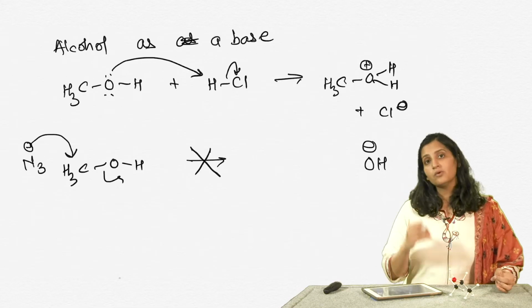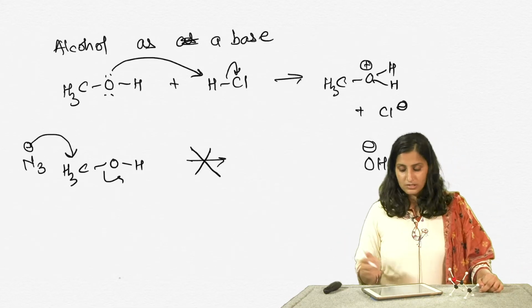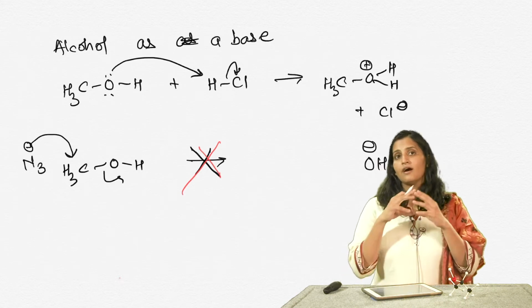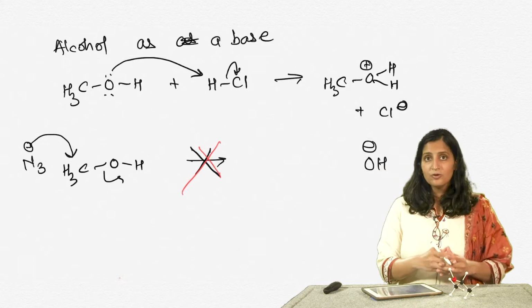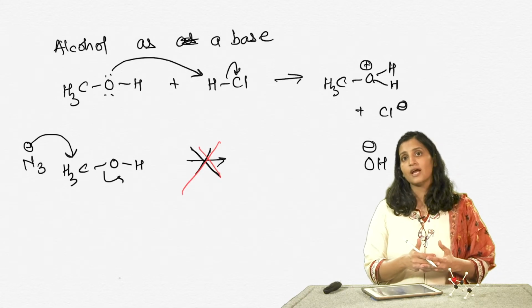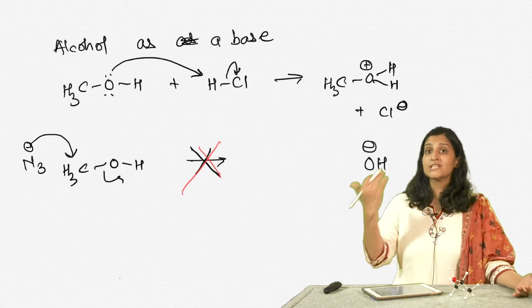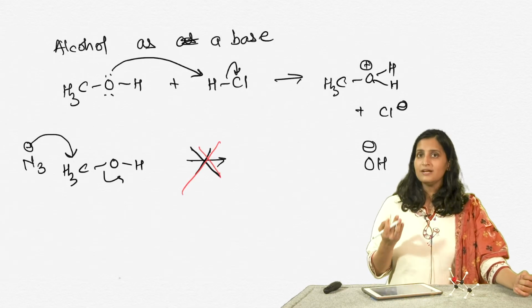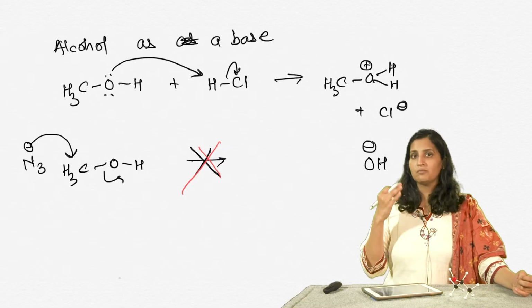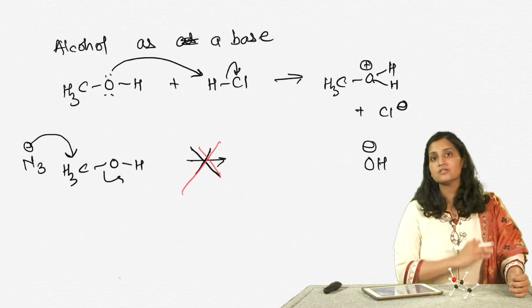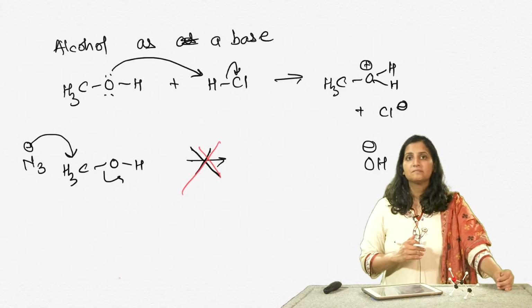And so, in most chemical reactions of alcohols, we cannot kick off that hydroxide ion as a leaving group. So, alcohols, for example, will not do SN1 or SN2 reactions where OH minus is kicked off as a leaving group. Now, there are some exceptions to this rule, but more often this can be remembered as a general rule that OH is a very bad leaving group.